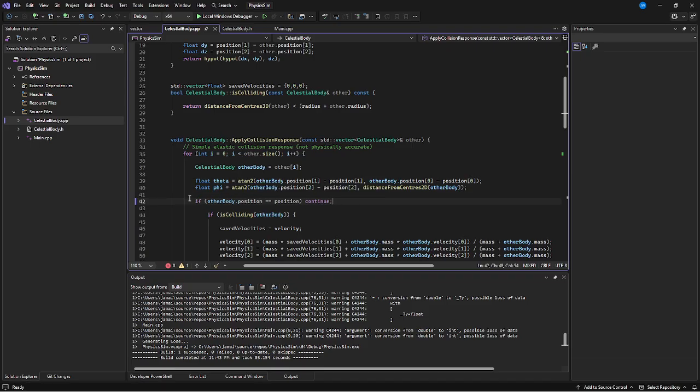So this here is saying if the other body position, which is the current celestial body that we're checking to apply gravity to, is equal to my position, then continue. Don't do this. That's because if their positions are the same, that must mean that they are the same object, because two objects in this simulation can't have the same position.